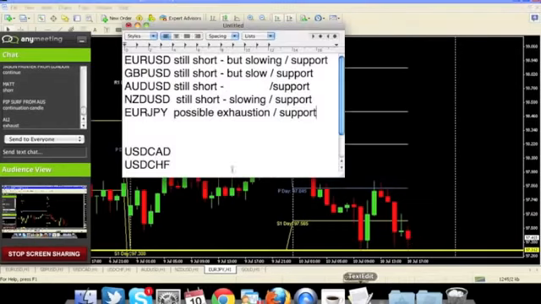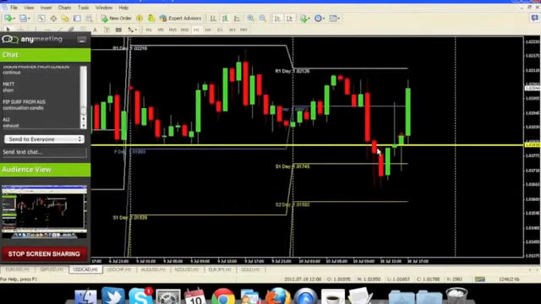Okay, going to our pairs that go opposite. US dollar CAD. US dollar CAD strongly long. Is there resistance here? Are we at resistance on US dollar CAD anywhere? No. Take a look.